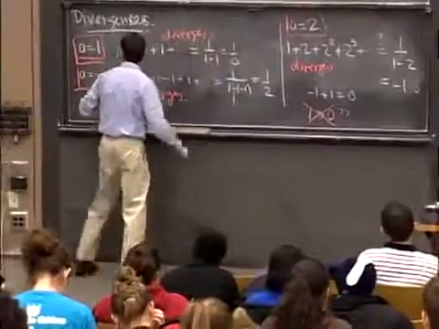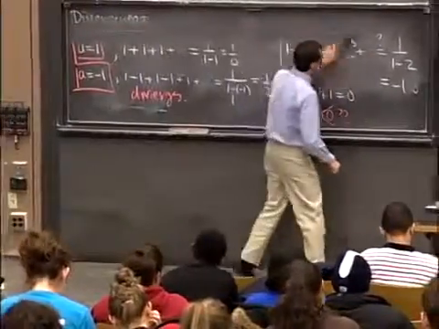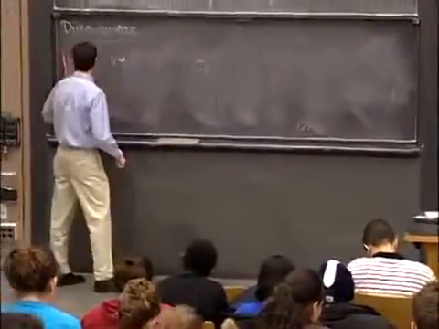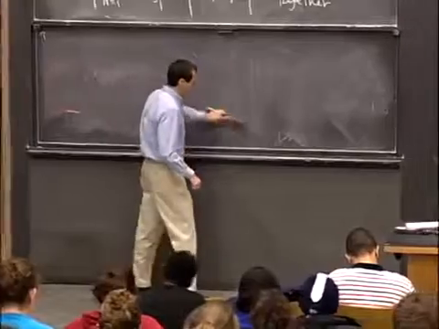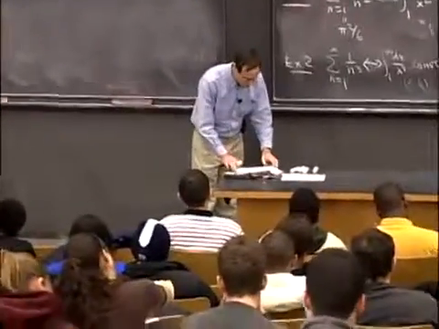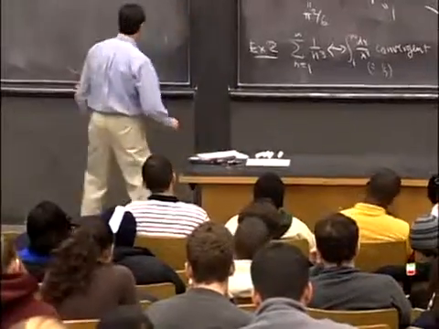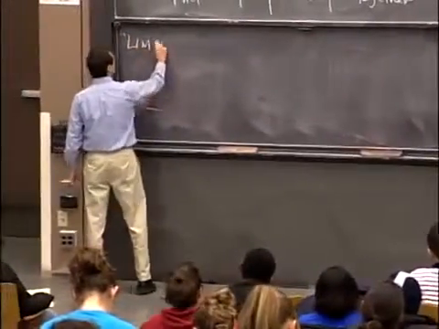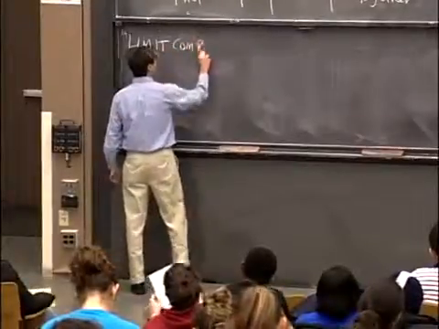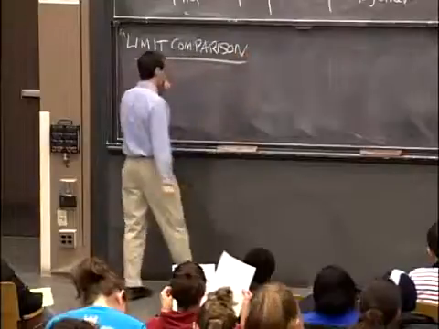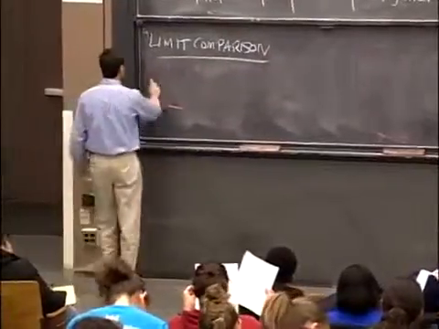And now I have one last bit on comparisons that I need to tell you about. And this is very much like what we did with integrals, which is a so-called limit comparison. The limit comparison says the following.